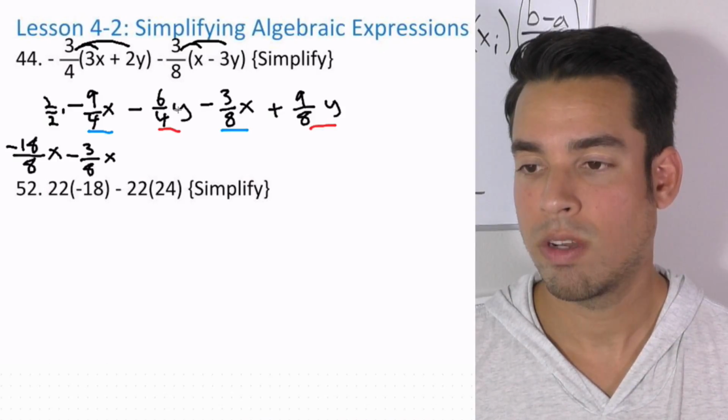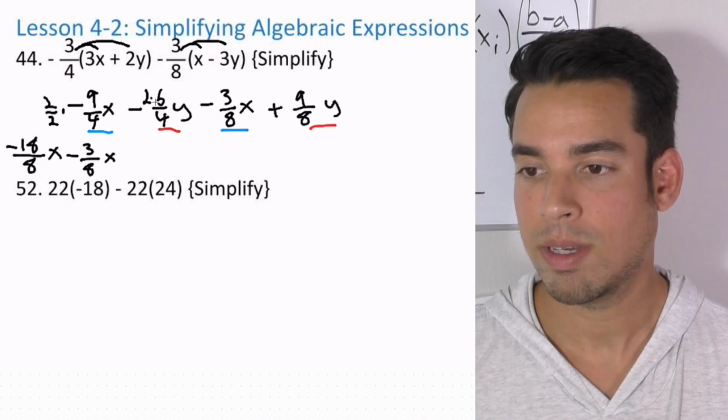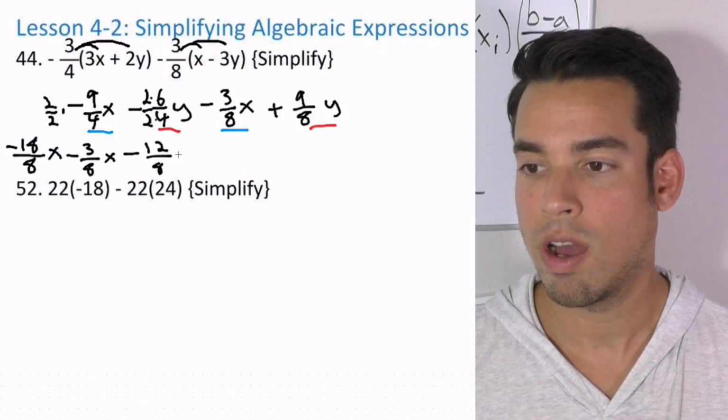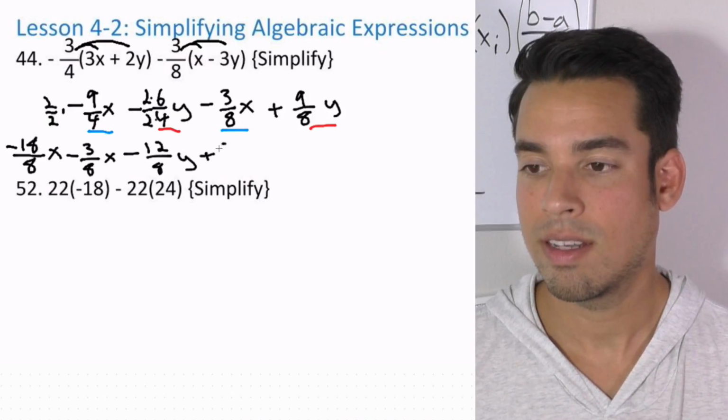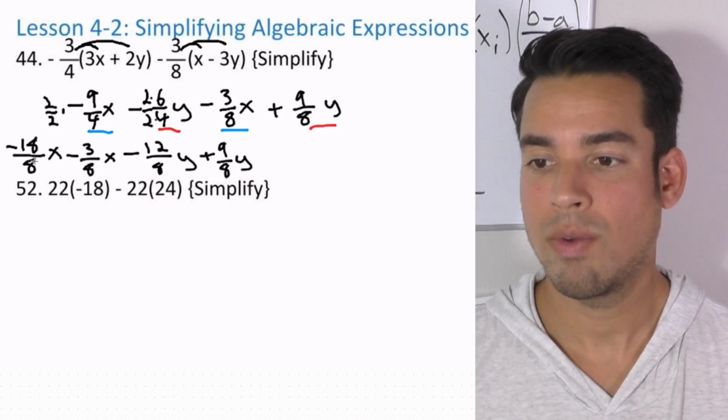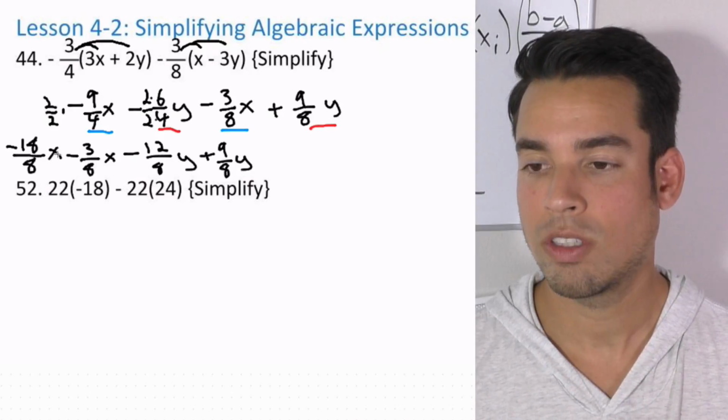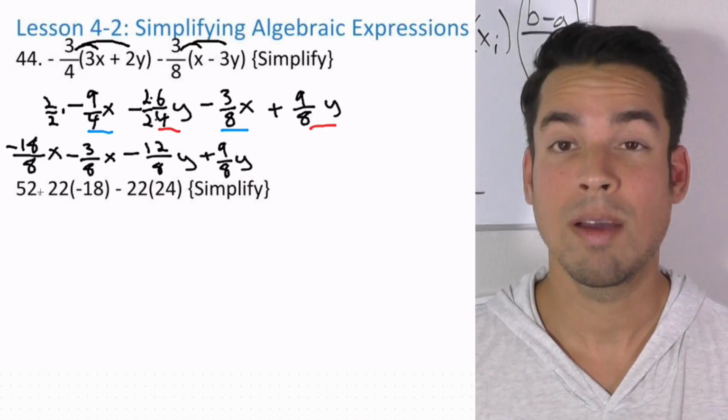We've got a 4 and an 8 again, so I'm going to multiply this guy by 2 over 2, so this becomes -12 over 8y plus 9 over 8y. Now we've got like terms in all of these fractions and the same denominator, so let's go ahead and combine.